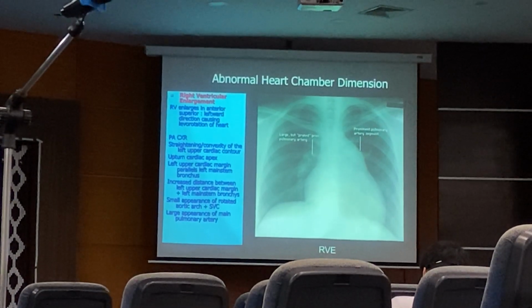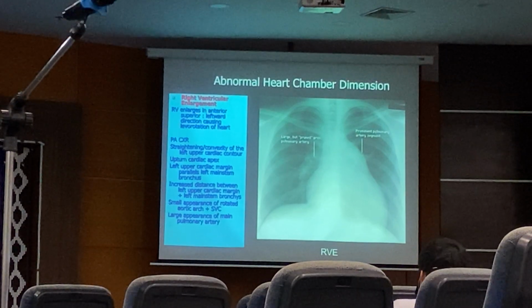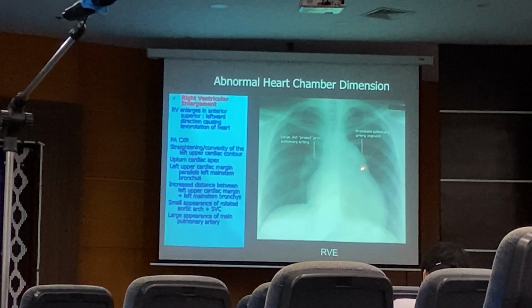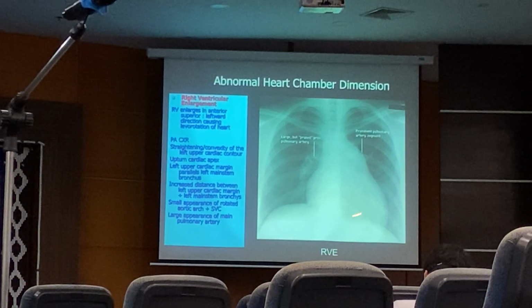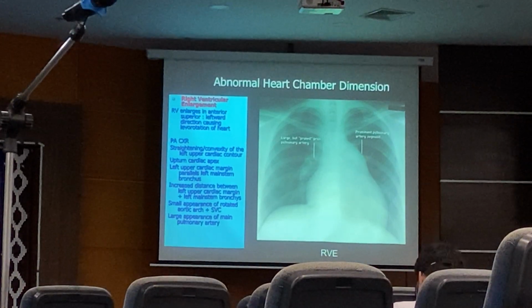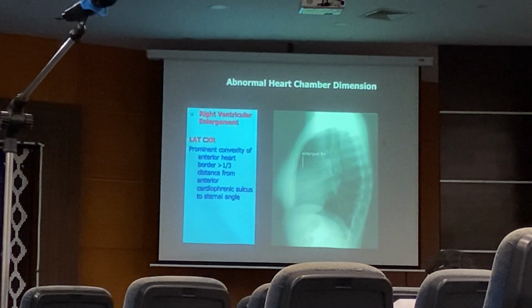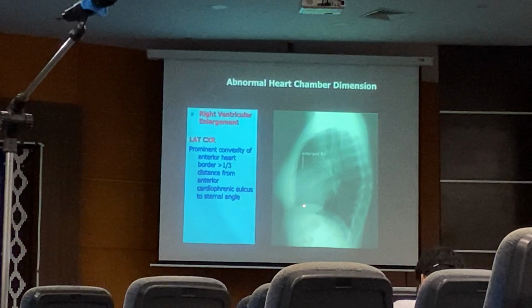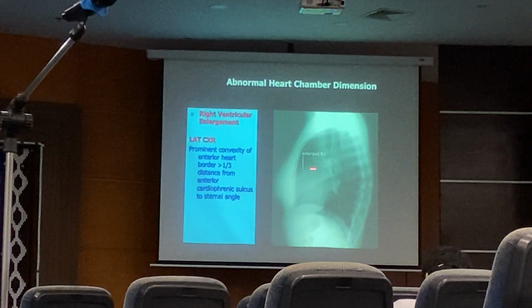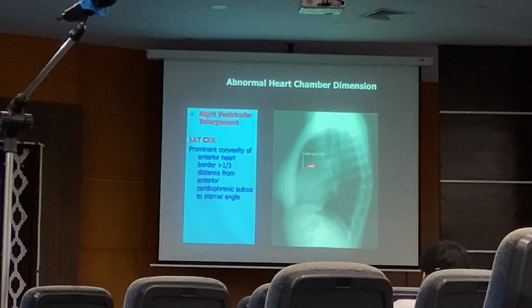So here, an indirect sign of right ventricular enlargement is a dilated main pulmonary artery segment. As you can see here, you cannot really see your right ventricle in the PA view. So in the lateral view, in correlation with the PA view, the right ventricle would dilate, so it will take much of the retrosternal space.